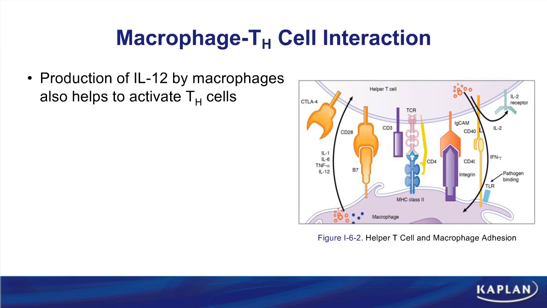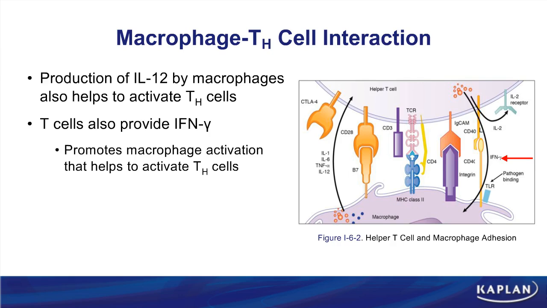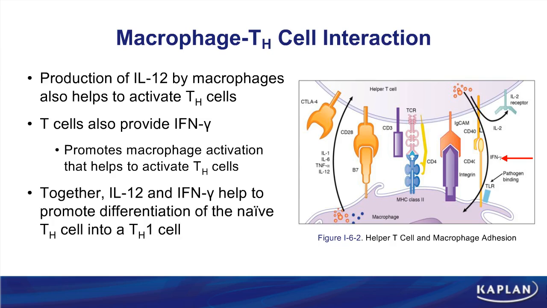And remember, once we activate a cell and it becomes a Th1 cell, it will respond by producing very, very high levels of interferon gamma. So I think it's fairly simple to say that the interplay between the IL-12 and the interferon gamma, they're going to work to really promote a very strong Th1 response.